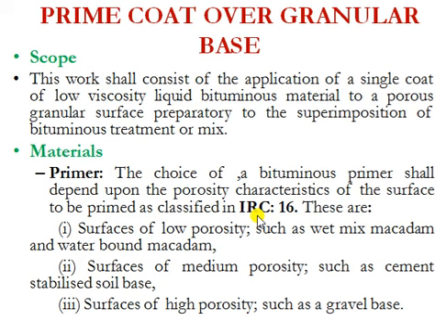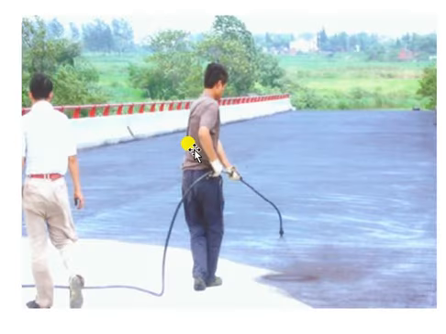Depending upon these porosity characteristics, the material of primer is decided, because this primer should penetrate the first few millimeters of a layer very quickly. Here in this picture you can see the layer is being treated with a prime coat.